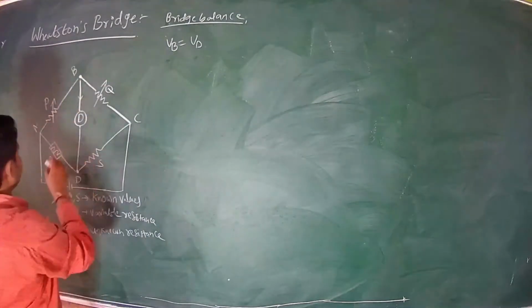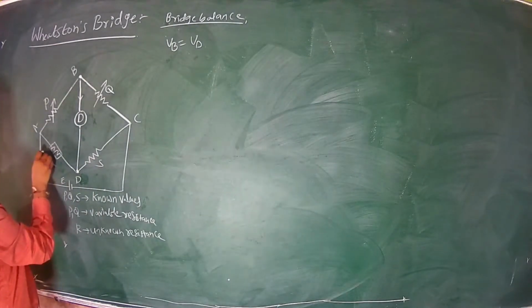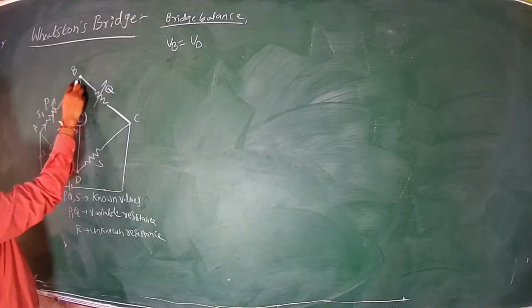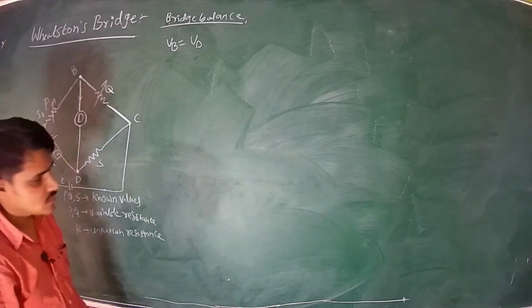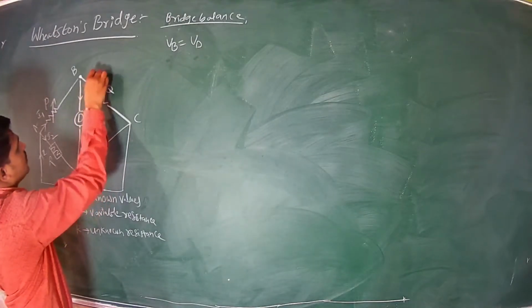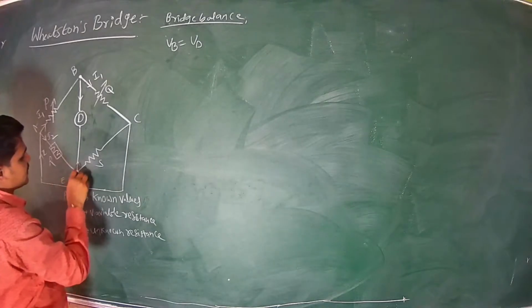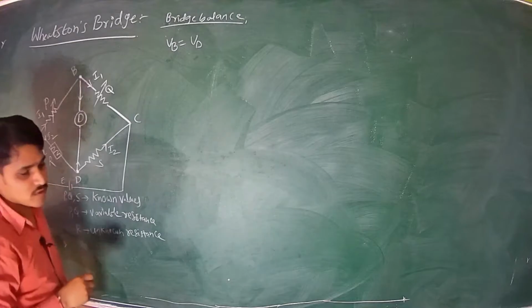Let us say the current flowing through AB is I1 and the current flowing through AD is I2. Whenever the galvanometer current is 0, the current flowing through the resistance is also I2.